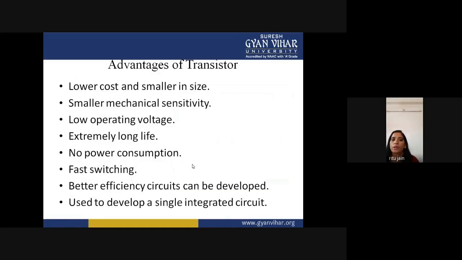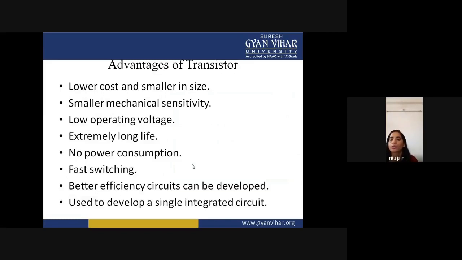Now, what are the advantages of a transistor? A transistor is lower cost and smaller in size, has smaller mechanical sensitivity, low operating cost, an extremely long life, no power consumption, fast switching, and better efficiency circuits can be developed.